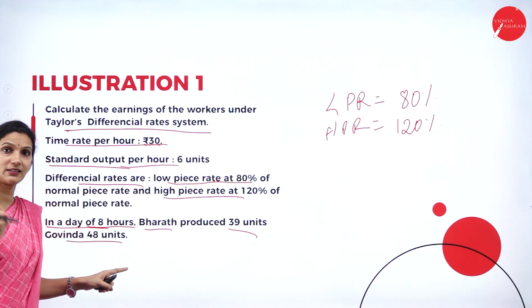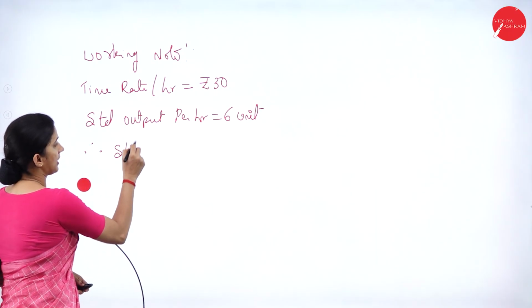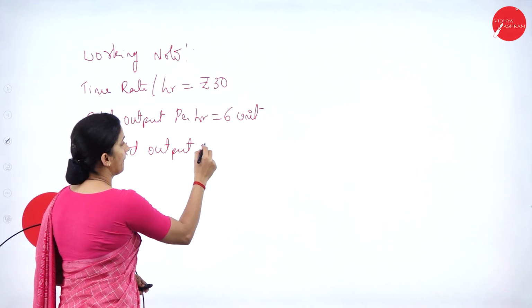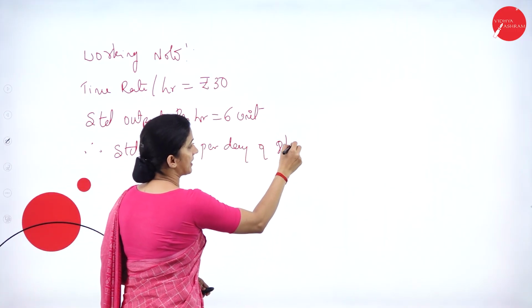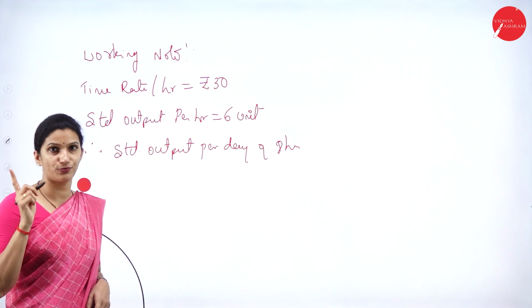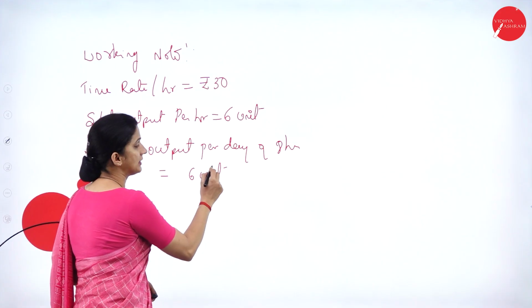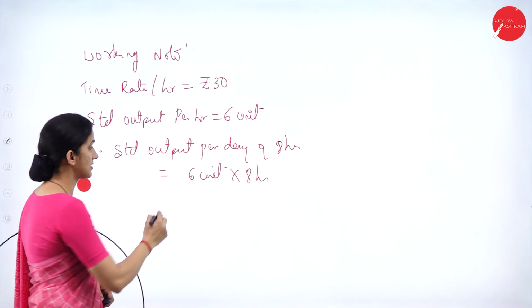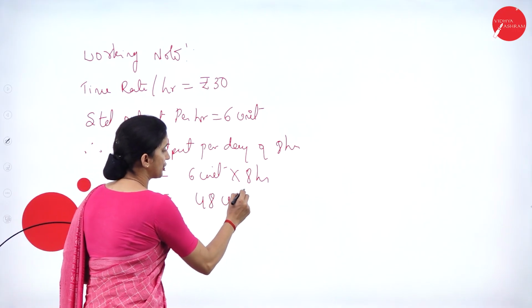So we are calculating the wages of 8 hours of 1 day of work. If it is 6 units for 1 hour, then for 8 hours, how much? So 6 units into 8 hours. Your standard output is 48 units.